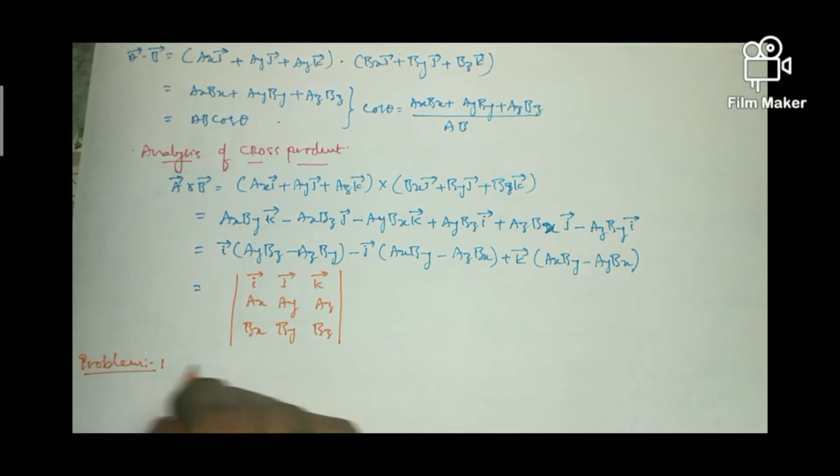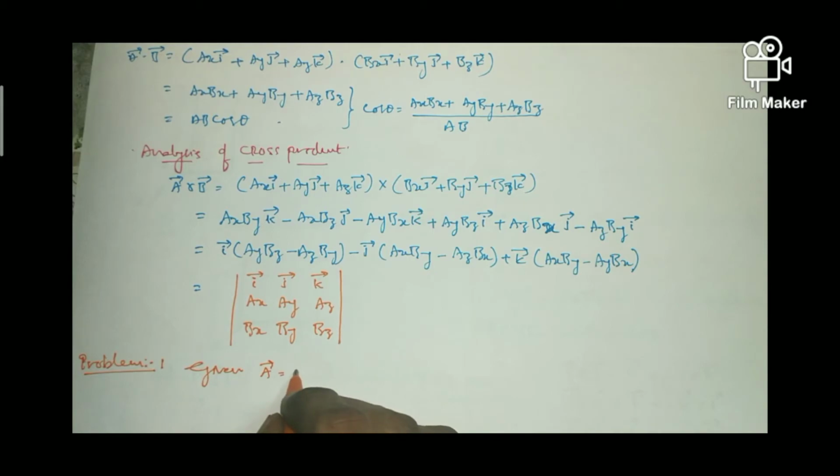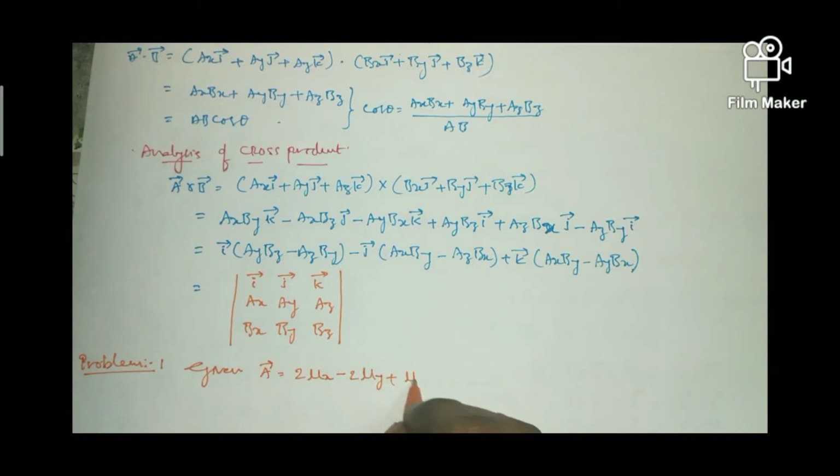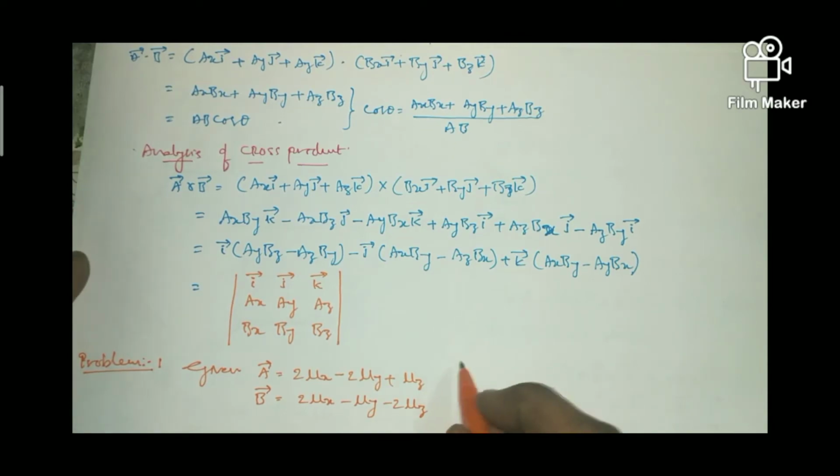Here we are given two vectors such that a bar is equal to 2ux minus 2uy plus uz and b bar is equal to 2ux minus uy minus 2uz.